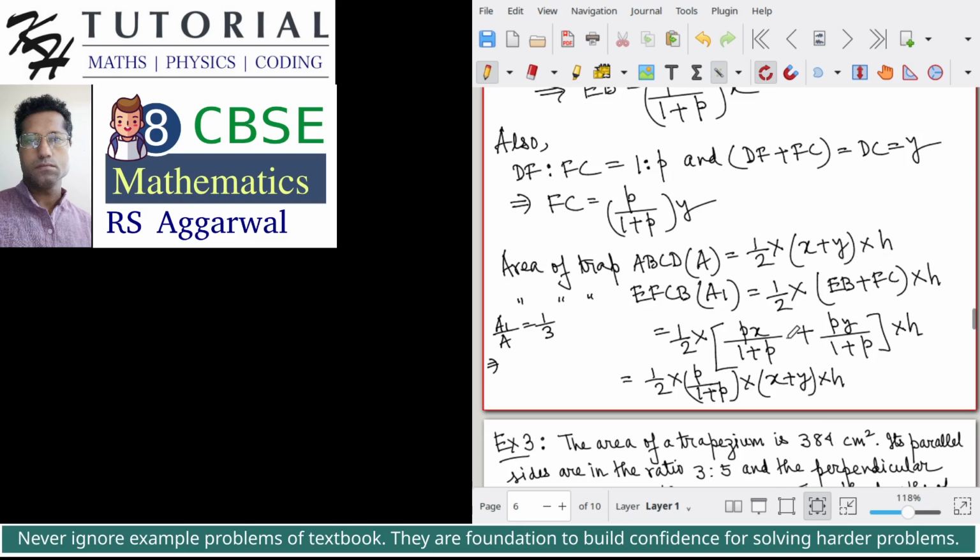So as you can see, in both the areas A and A1, half multiplied by x plus y multiplied by h is common. So A1 by A will be P by 1 plus P, and on the right hand side we have 1/3.